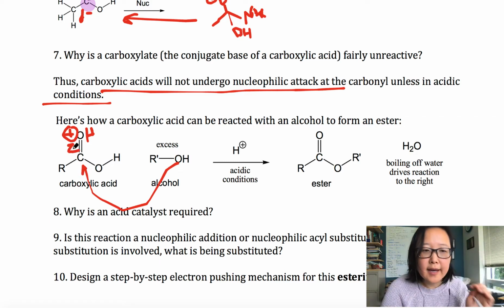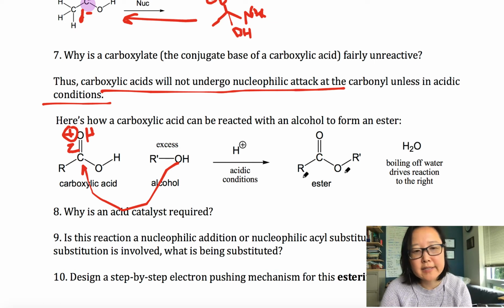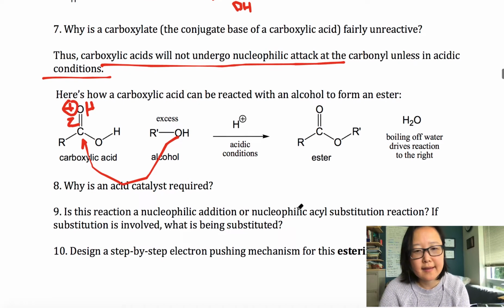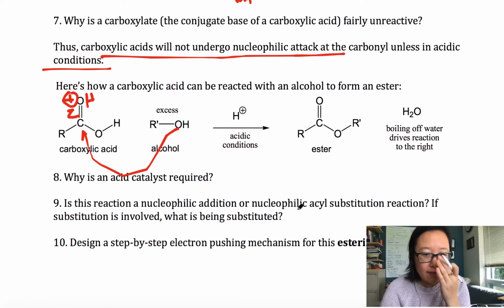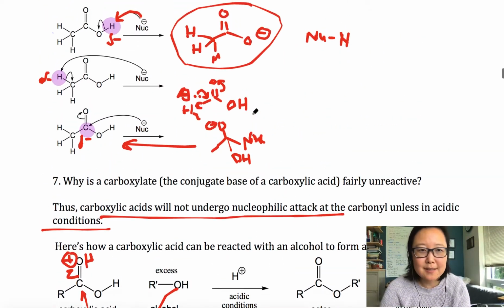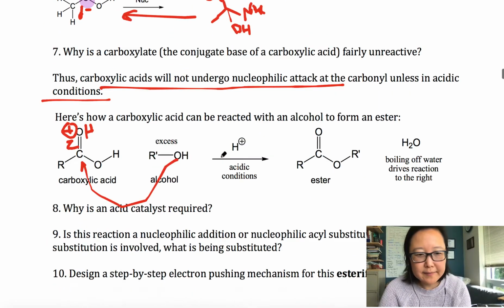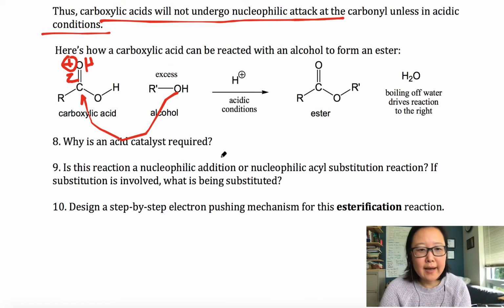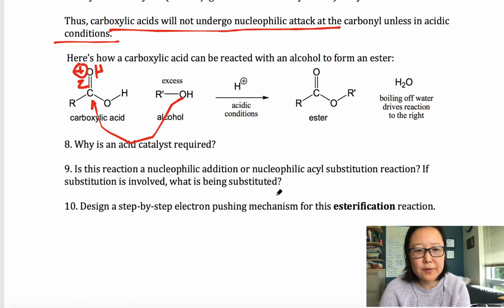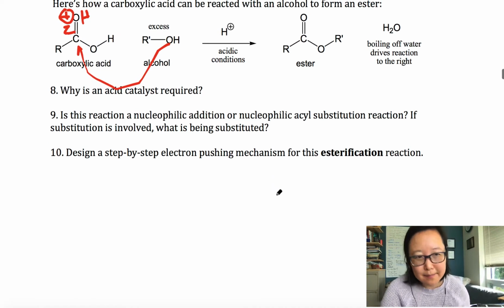Okay, so these are reactions where we can start to do things with carboxylic acids, usually acidic conditions. All right, if you had a strong base though, the reason why this wouldn't work is because strong bases prefer this hydrogen right out here.